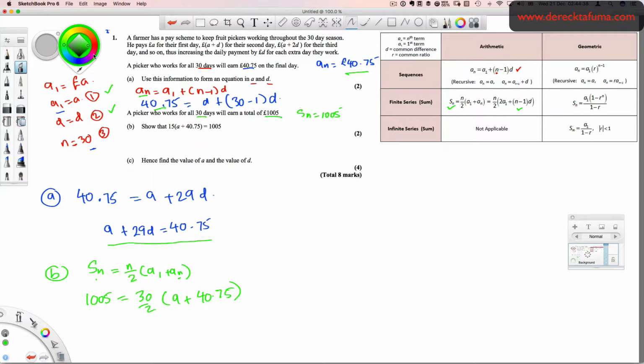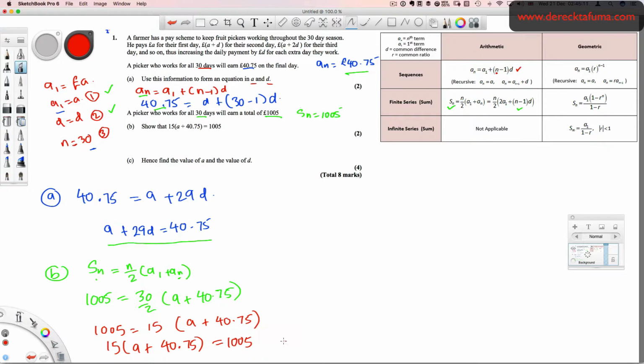Let's change this color to red again. So 1005 equals 15 times A plus 40.75. We can rewrite that as 15 brackets A plus 40.75 close bracket equals 1005.